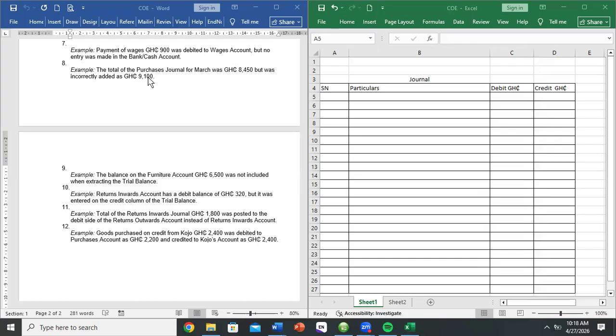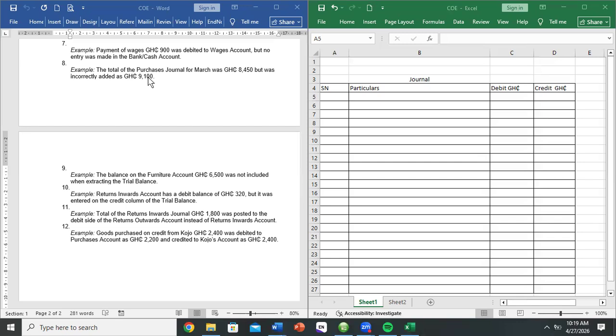What type of error is this? Payment of wages 900 was debited to wages, but no entry was made in the bank or cash account.